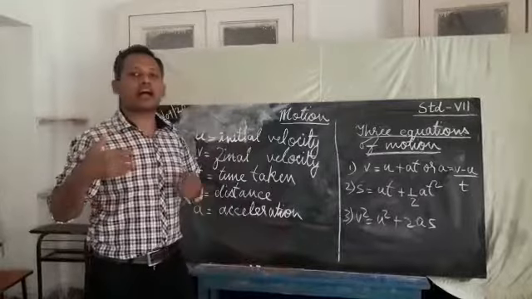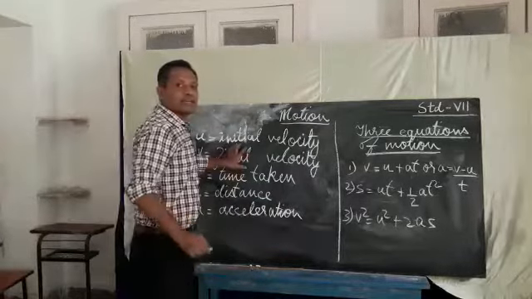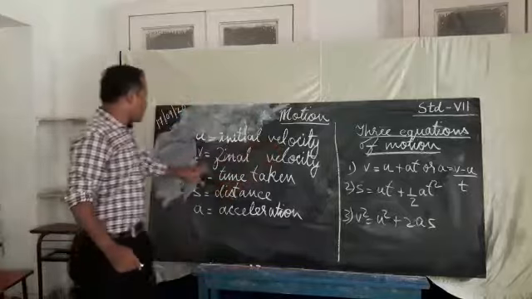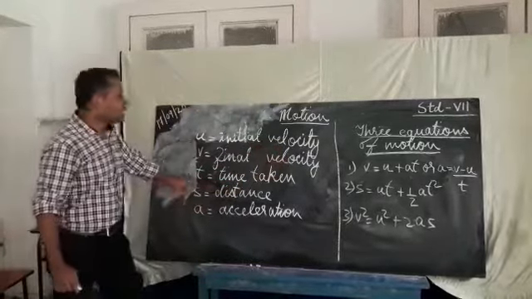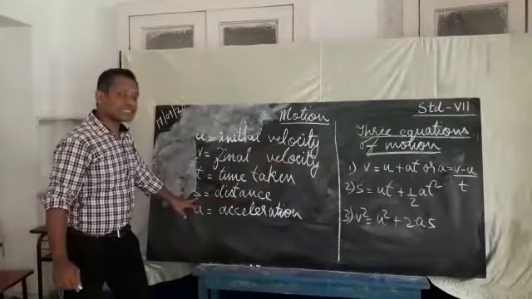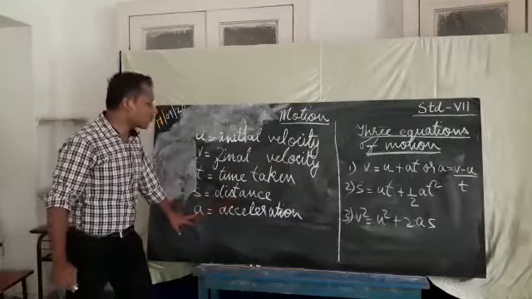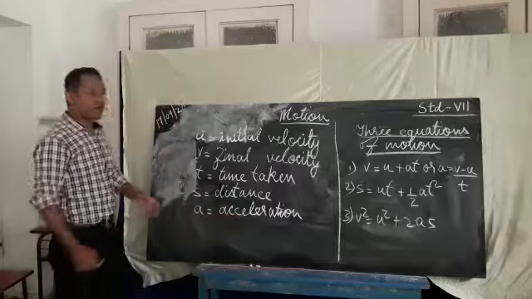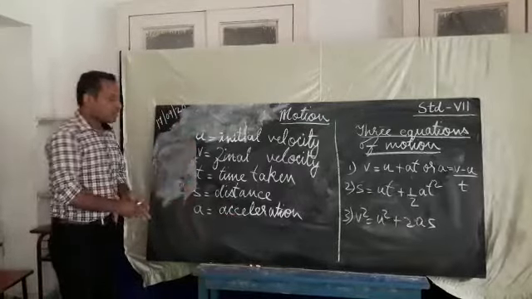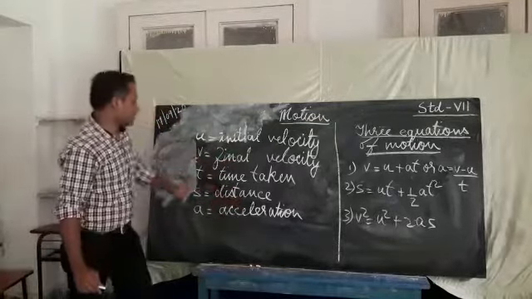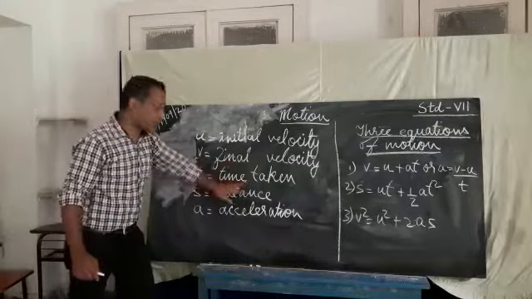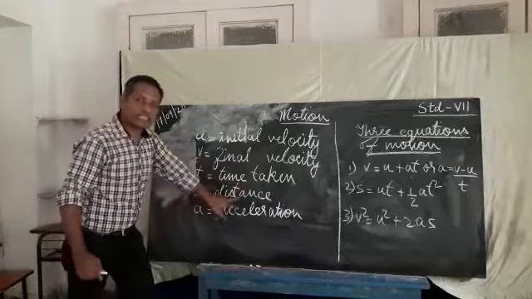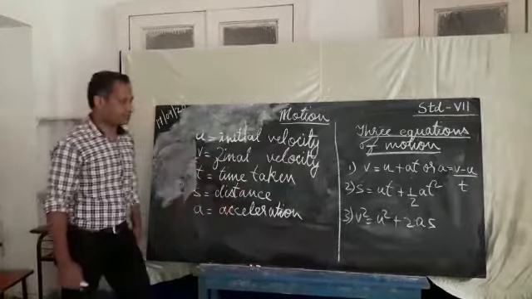Initial means starting, so initial velocity means starting velocity. v is final velocity, that is the velocity at the end. t is time taken. s stands for distance and a stands for acceleration. So we have got 5 letters denoting 5 physical quantities: u initial velocity, v final velocity, t time taken, s distance, a acceleration.